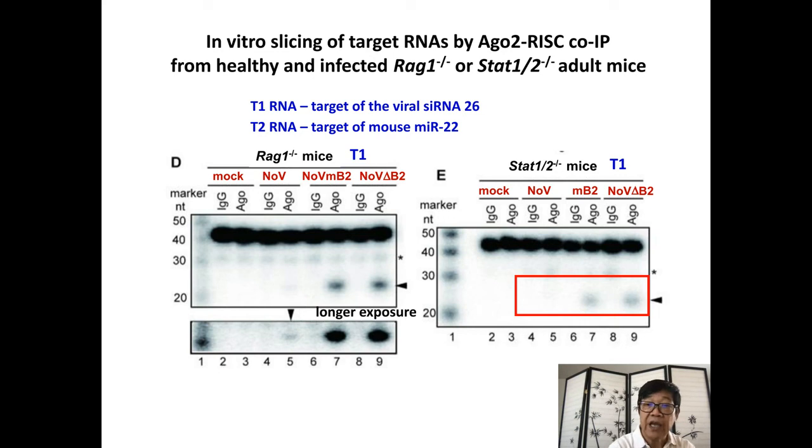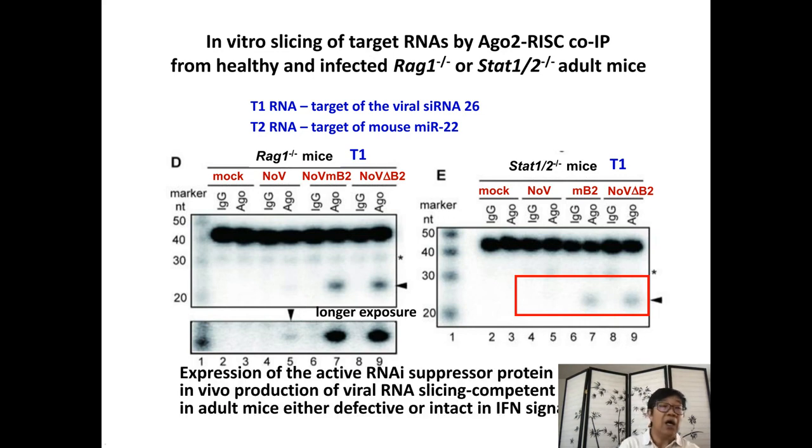So this indicates that B2 expression inhibits the in vivo production of viral RNA splicing competent ARGO2 RISC in adult mice in either completely defective or intact interferon signaling.